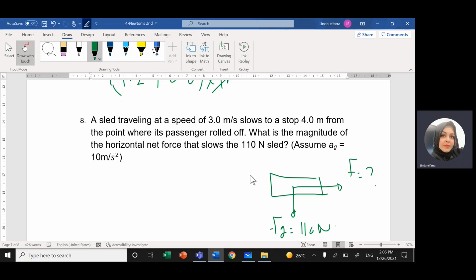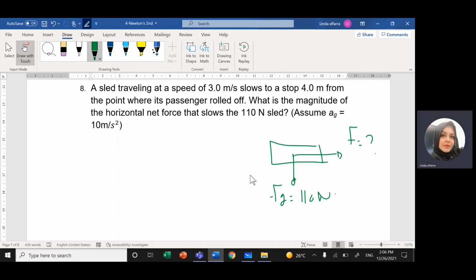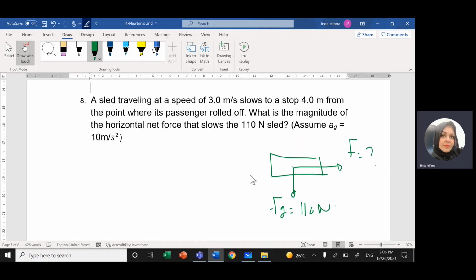I need to find the value of this horizontal force acting on the sled. Before I apply Newton's second law, I need to calculate the acceleration. The sled starts with an initial speed of 3 meters per second, slows down and stops, so the final speed is 0 because the sled stops.